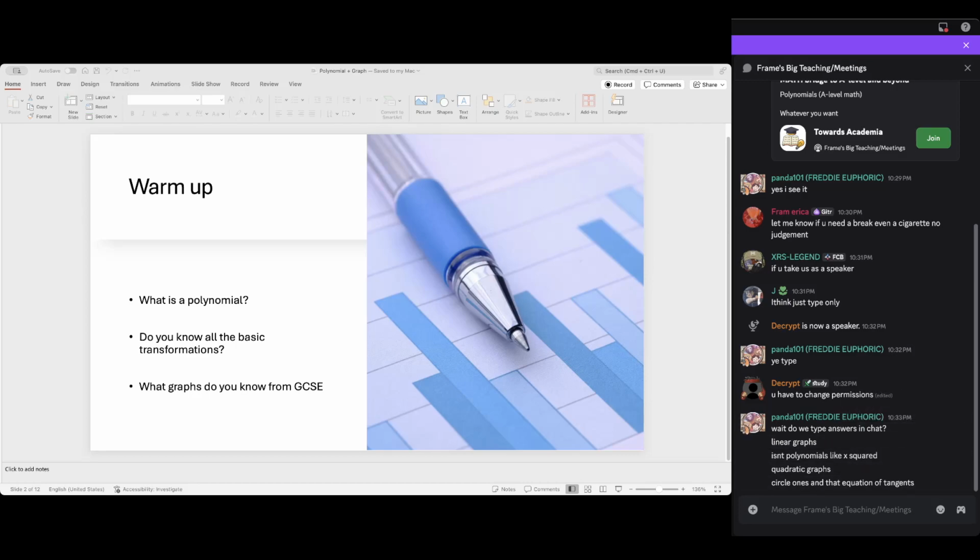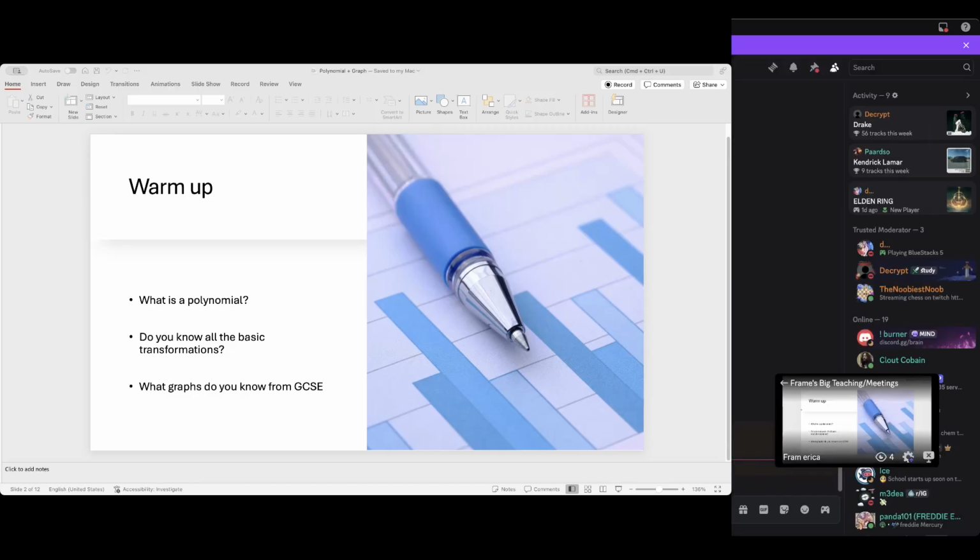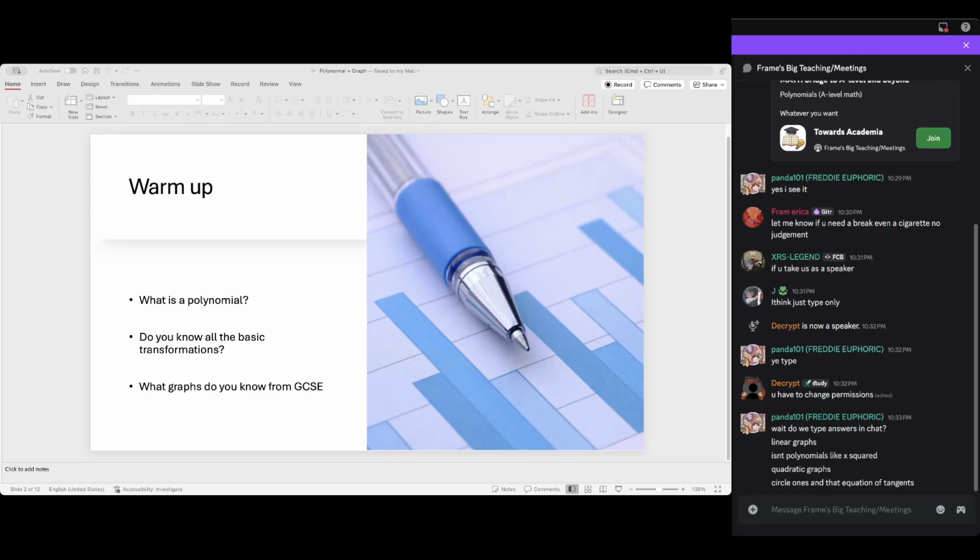In the equation of tangents, polynomials, there's at least one x squared, like one term. Polynomial, for example, you need a variable like x, not x squared. You need one variable plus some coefficient.